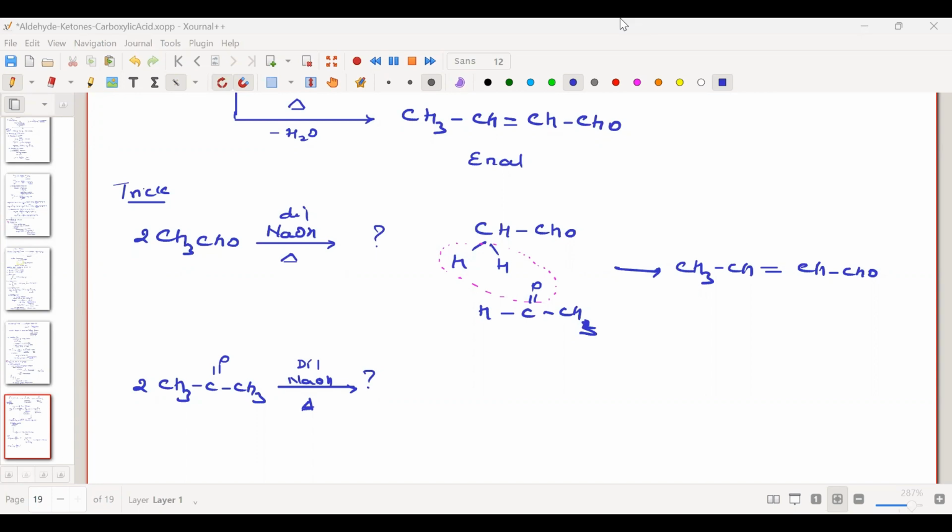Ketol, then oxidase, then enone. 100% this question will come in aldol condensation.